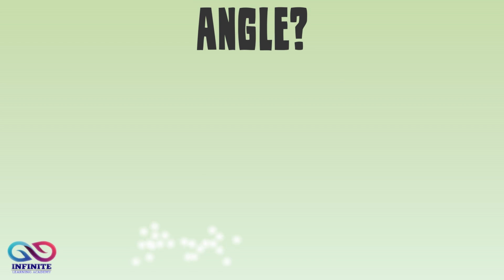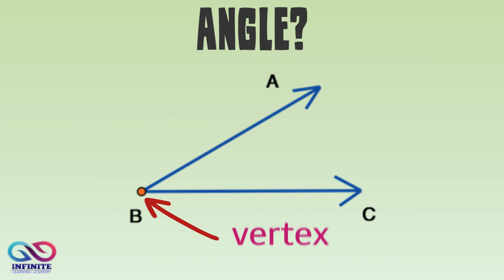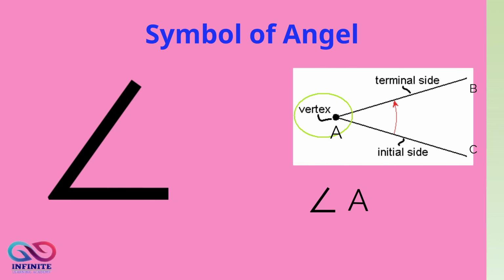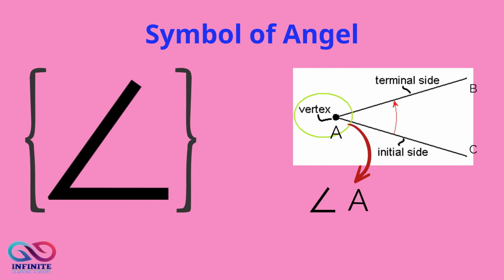This one point, where two rays meet, is called a vertex. The angle is formed by the distance between the two rays. Angles, in geometry, are often referred to using the symbol shown, so angle A would be written as angle A.